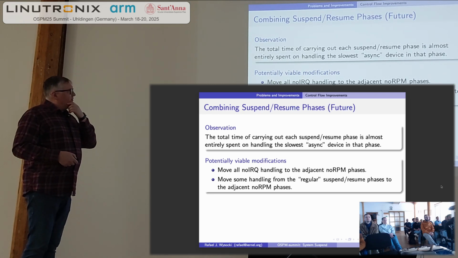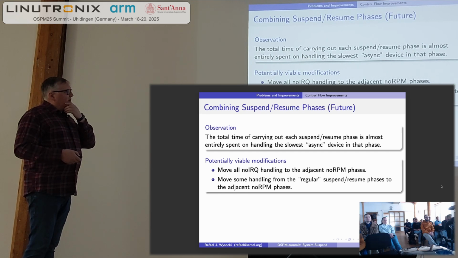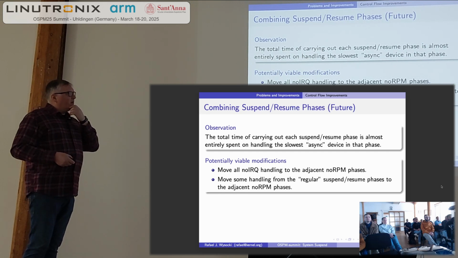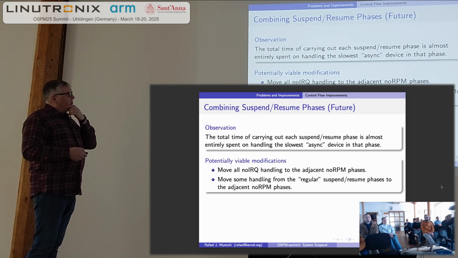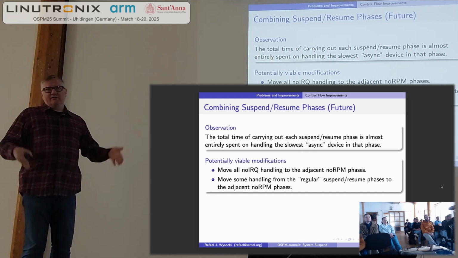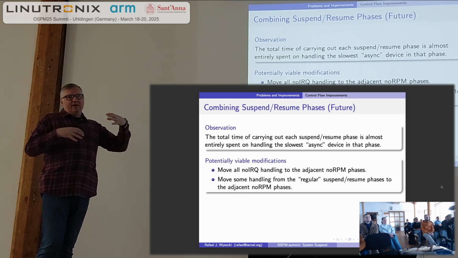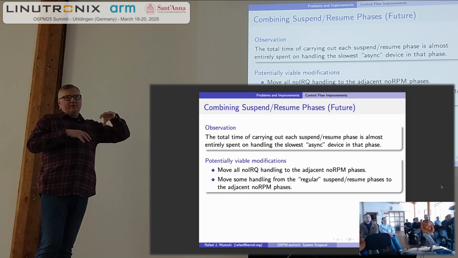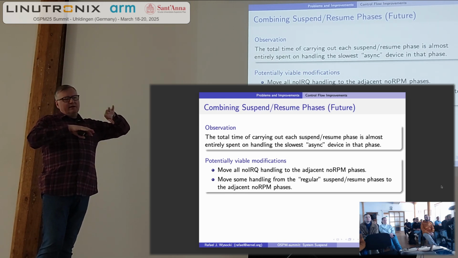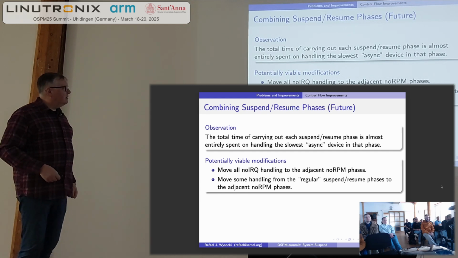For example, if all NoIRQ handling is moved to the adjacent phases where runtime PM is disabled, then if anything is to wait in this phase, it may as well wait in parallel with the processing in this phase, which reduces the total time of the transition. So if we are able to merge the phases, then we can reduce the total time of the transitions by letting things happen in parallel even more.